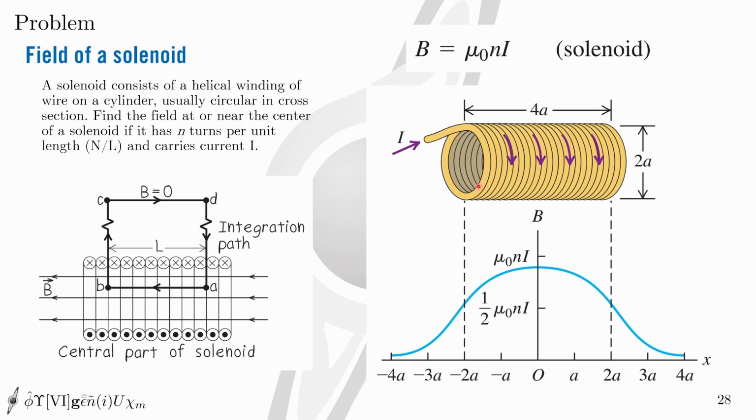Along the entire length of the solenoid, the maximum is at the center, at the origin, and at the edge of the solenoid the magnetic field is now half. If you go outside of the solenoid, the field keeps decreasing as you move further and further away from the solenoid.